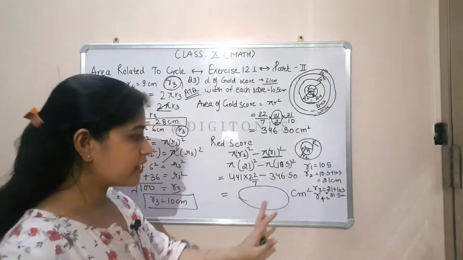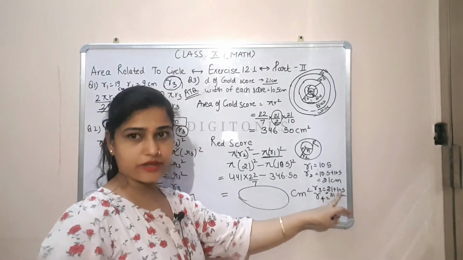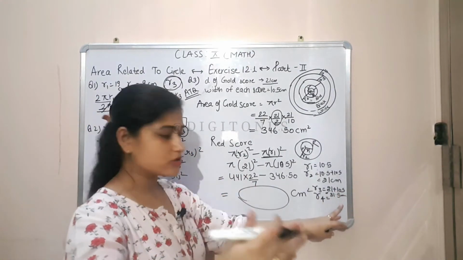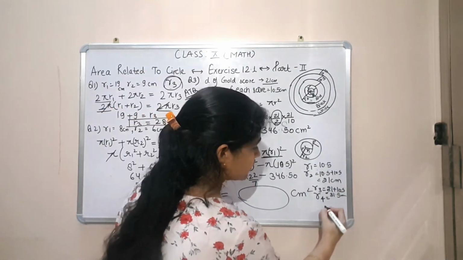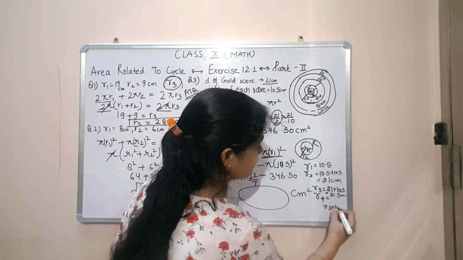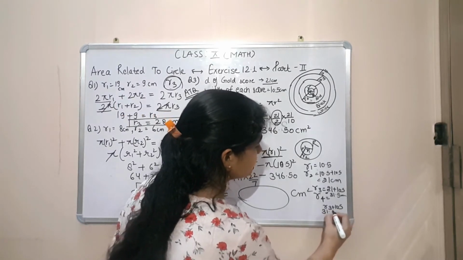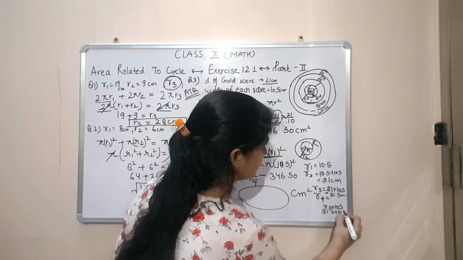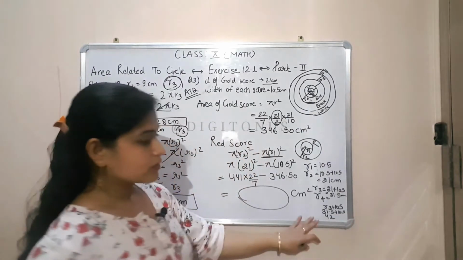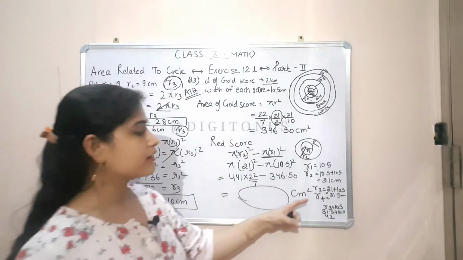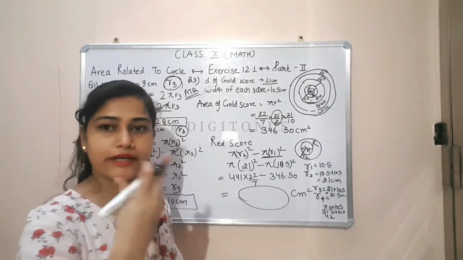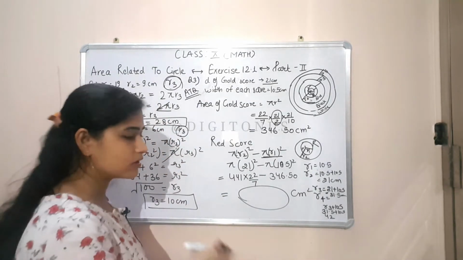R3 is R2 plus 10.5, the width of every score, and R4 will be R3 plus 10.5, so 31.5 plus 10.5 is 42. So like this you find R3, R4 and then R5.